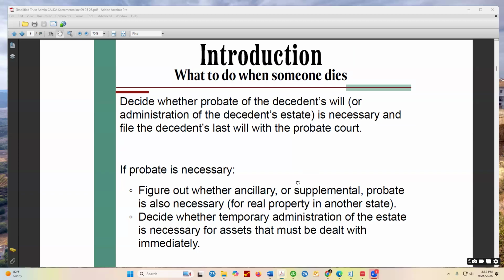Decide whether a temporary administration of assets must be done immediately. For example, you have a business, you need to get somebody in to manage it right away, immediately, or like say a dairy farm, you have to make sure that all the cattle have proper food and care, and find out if there's anything that needs to be handled right away.